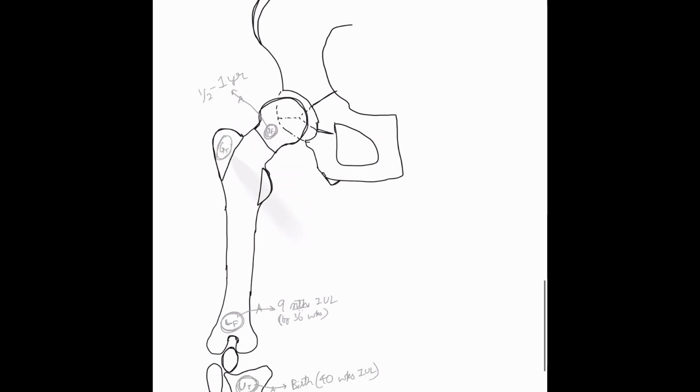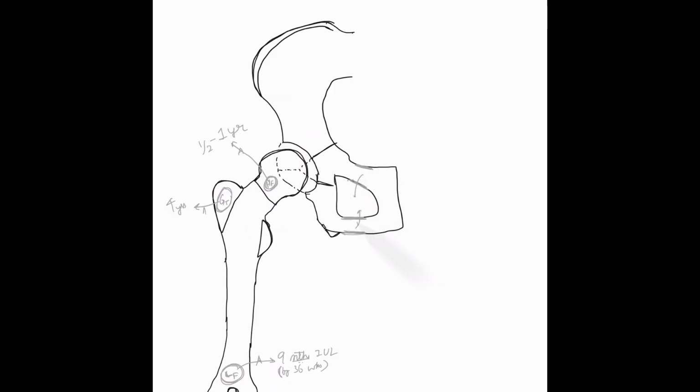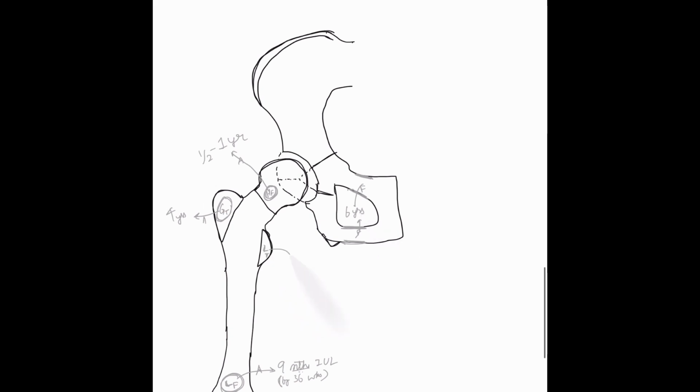Now coming to the hip joint, we have the head of the femur, which appears at half to 1 year of age. Next, we have the greater trochanter, which appears at 4 years of age, and the fusion of the ischiopubic rami at 6 years of age, appearance of the lesser trochanter at 12 to 14 years of age, and the appearance and fusion of the triradiate cartilage at 13 to 15 years of age.